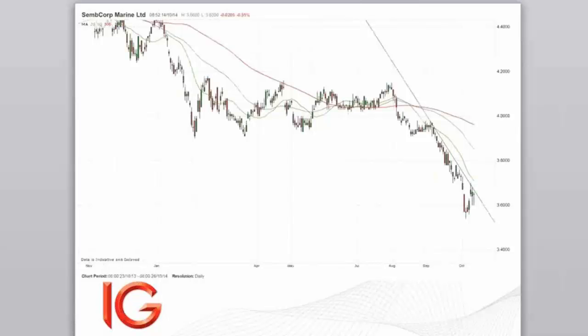And one of the bearish sentiments weighing on companies is Sembcorp Marine. If you can look at the charts on the screen, you can see it's been on a bit of a downward trend, and it's been capped by a downtrend line.